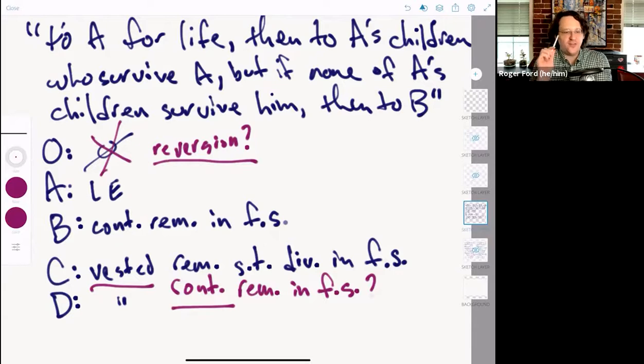Raise your hand if you think that this is a contingent remainder in C and D. Raise your hand if you think it's vested subject to divestment. So pretty close, 32 to 27. Okay, for those of you who say vested, why? Mr. Spencer?